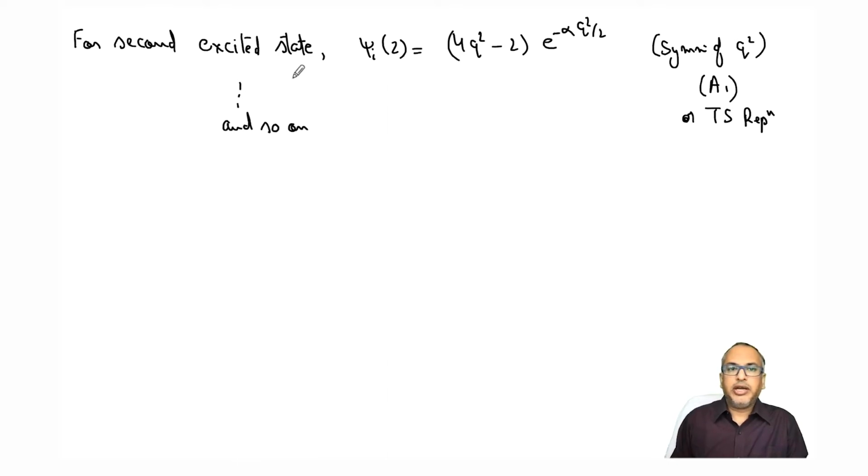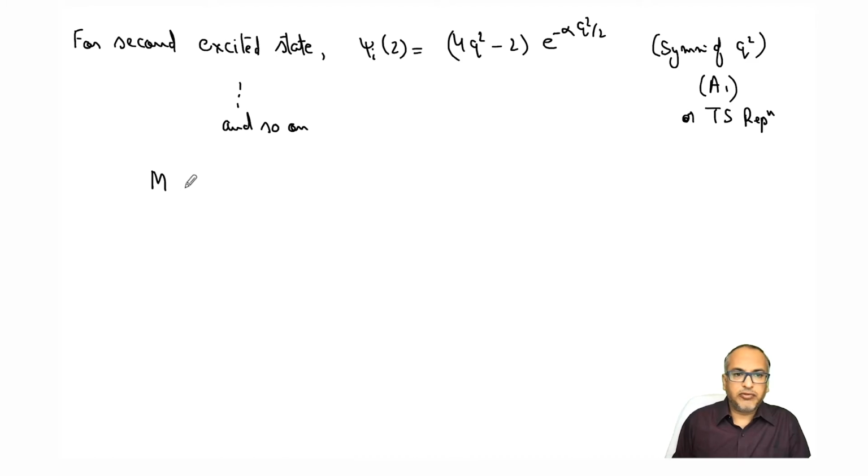Every alternate excited state will have the totally symmetric representation, and every other alternate will have the symmetry of Q. That is because it is following the symmetry of Hermite polynomials, which are even, odd, and so on. So now we know the symmetry of the ground state and of the excited state. Now let us go back and look at the integral.